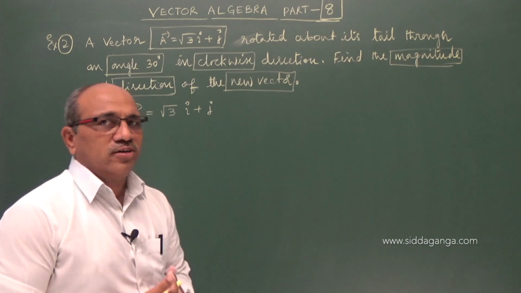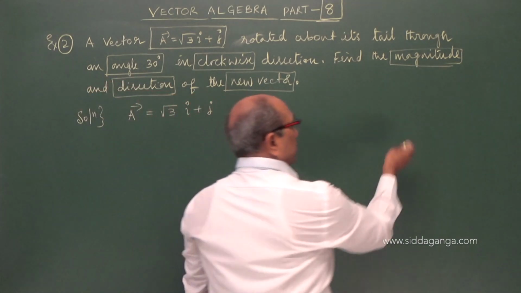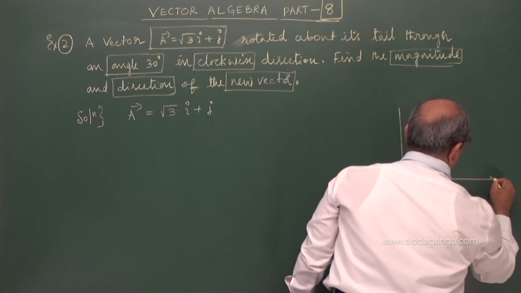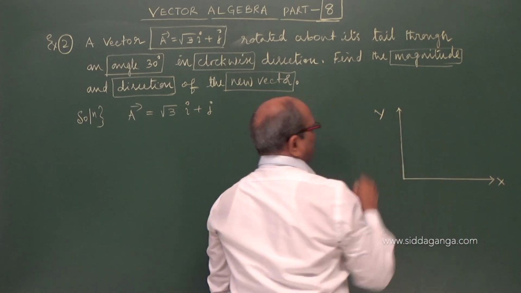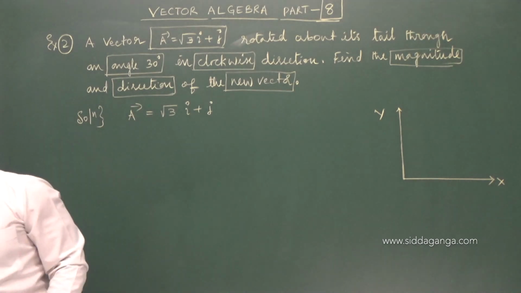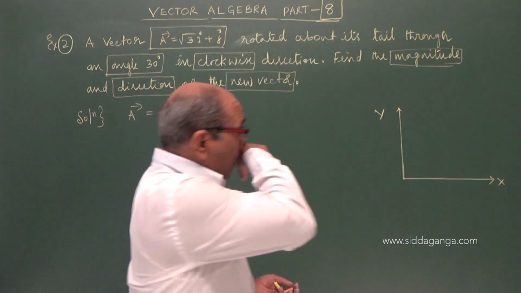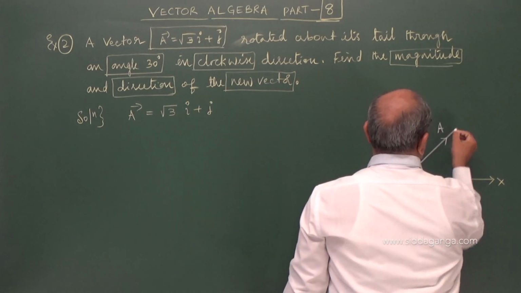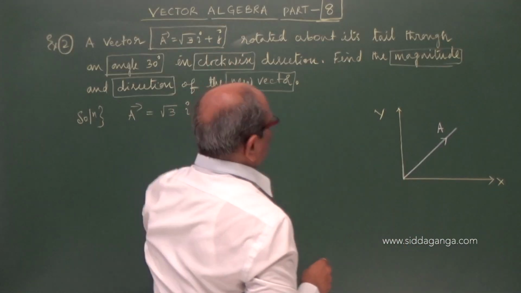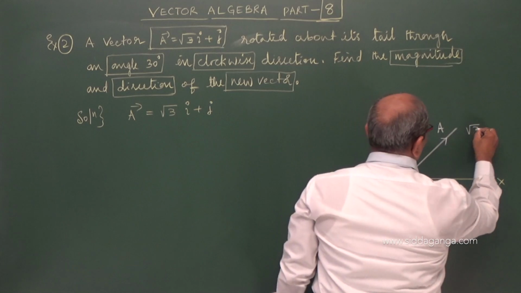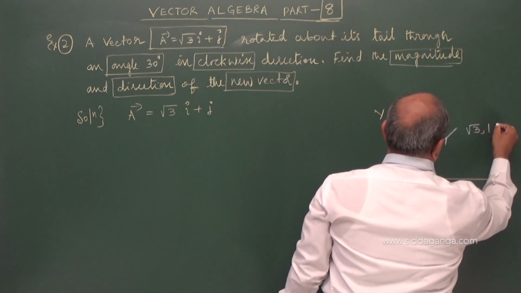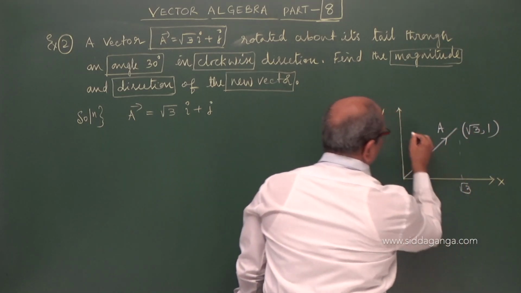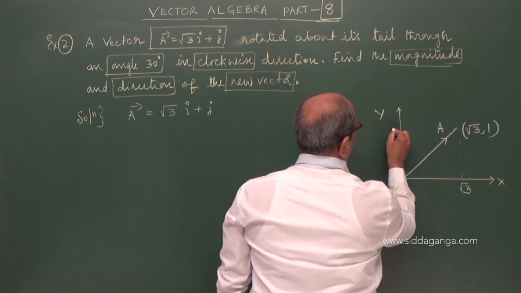Now, what is first required before rotating? So let us take x and y axes; 2 dimensions is enough. Now if I take this as vector A, because root 3 is mentioned, the coordinates are root 3 and 1. This coordinate is root 3 and this coordinate is 1.